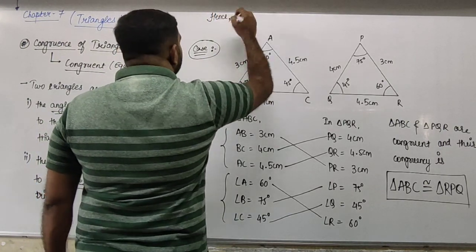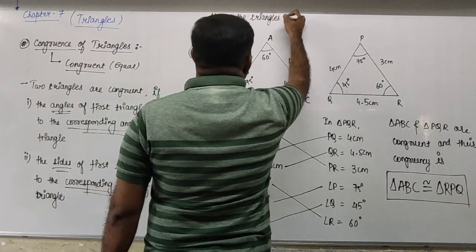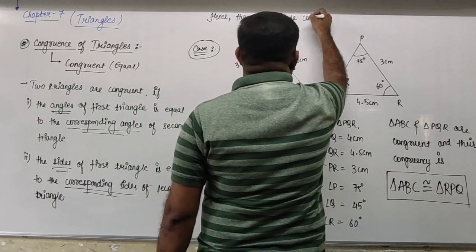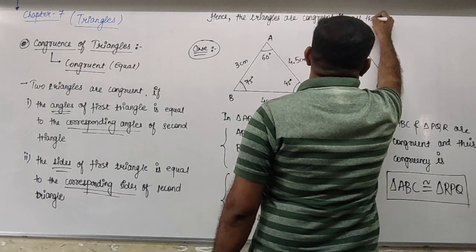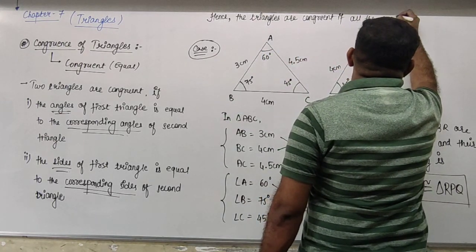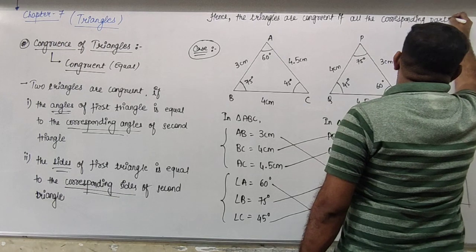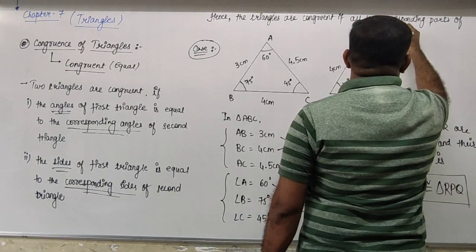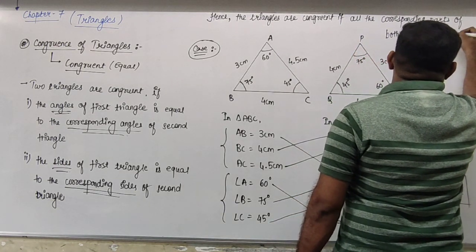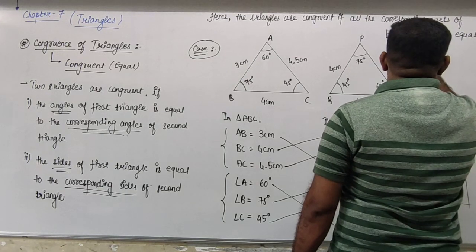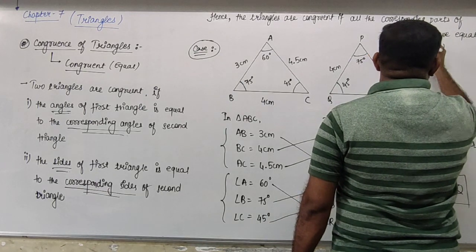The triangles are congruent if all the corresponding parts of both triangles are equal, that is CPCT.